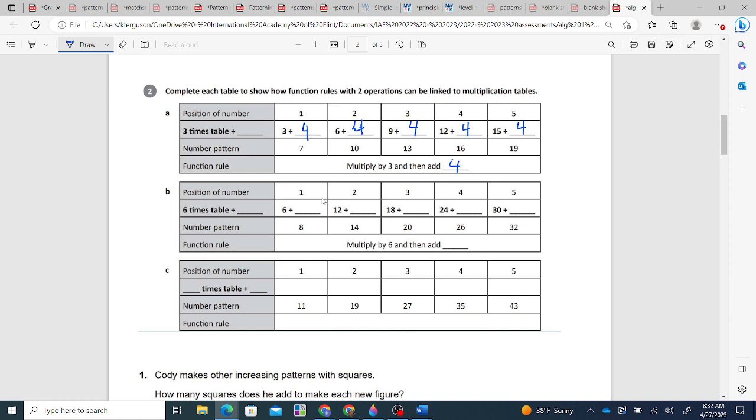All right. So let's look at the second one. Remember, position a number, that's my input. So I've got 6 times something plus something. So when it says 6 times the table, they mean this number here. So 6 times 1 is 6 plus blank is 8. So what's the plus? It's 2, because 6 plus 2 is 8. Then I got 6 times 2 is 12. 12 plus blank is 14.